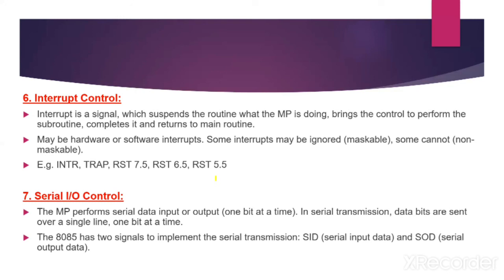The 8085 instruction transfers data from SID to bit 7 of accumulator. A single serial bit may be output via the SOD pin of 8085 when the SIM instruction is used. The 8085 has these 2 signals, SID and SOD, for data transmission.